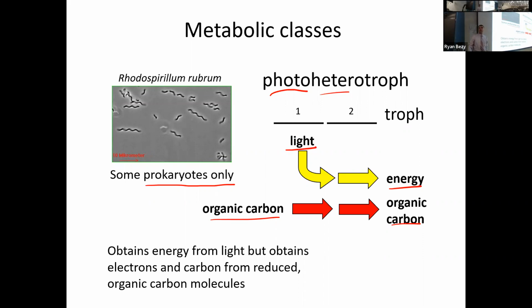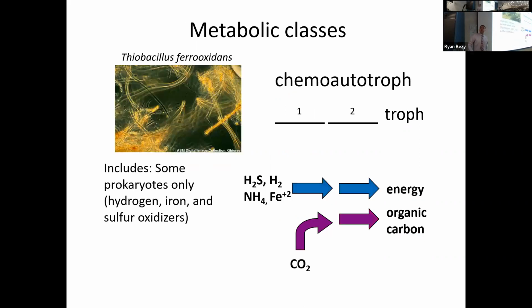Next and final fourth category for metabolic classes is chemoautotrophs. And again, chemo just means it gets its energy from chemicals. But in this case, many chemoautotrophs consume inorganic chemicals like hydrogen sulfide, hydrogen gas, ammonia, iron, so inorganic molecules as a source of energy.